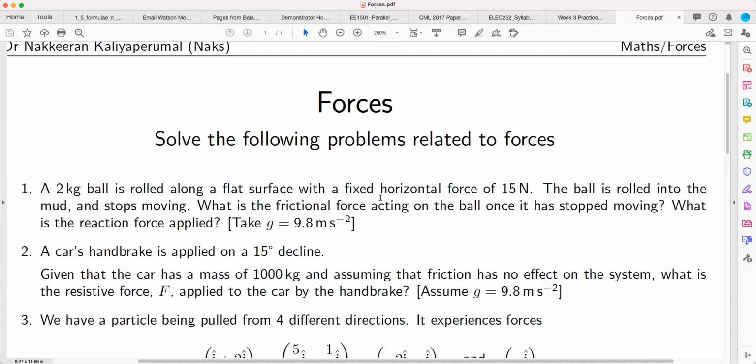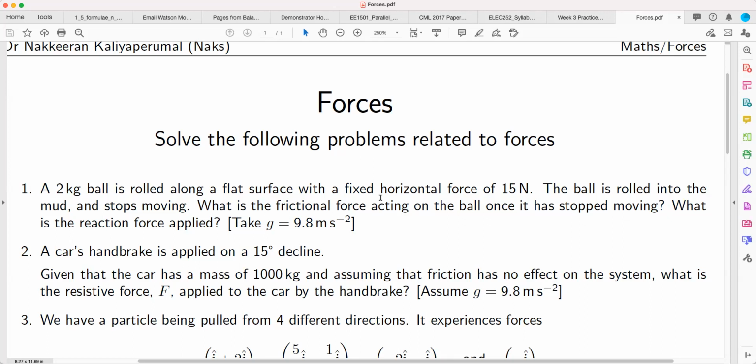Vertically also, previously it was not moving upward or downward, because the reactive force was exactly equal to the weight force. The flat surface was not giving any friction, so 15 Newton was helping the ball to roll. When it stops in the mud, the frictional force given by the mud is exactly minus 15 Newton. Is it okay? Yes, uncle.